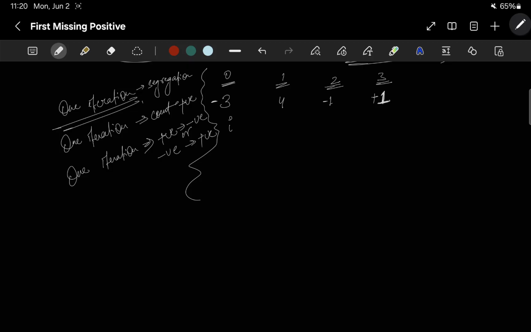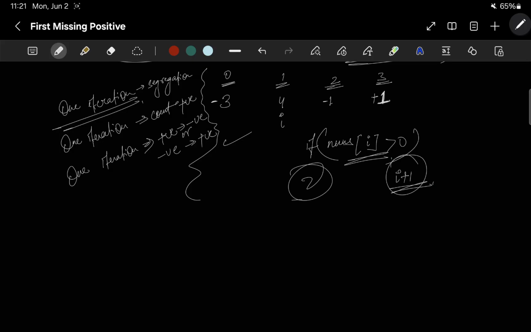We see I, and is that negative? Yes, it means it is good. Now we see, is that negative? No. The first number that we see as non-negative, so basically if nums I is greater than 0, whatever the first number greater than 0 we find, the answer will be I plus 1.